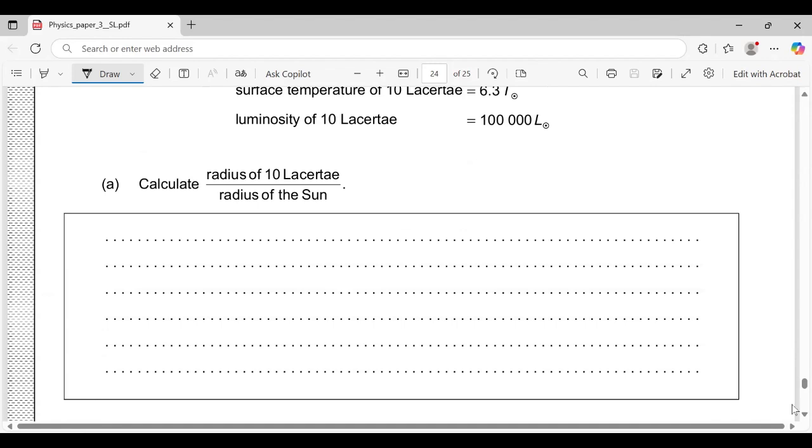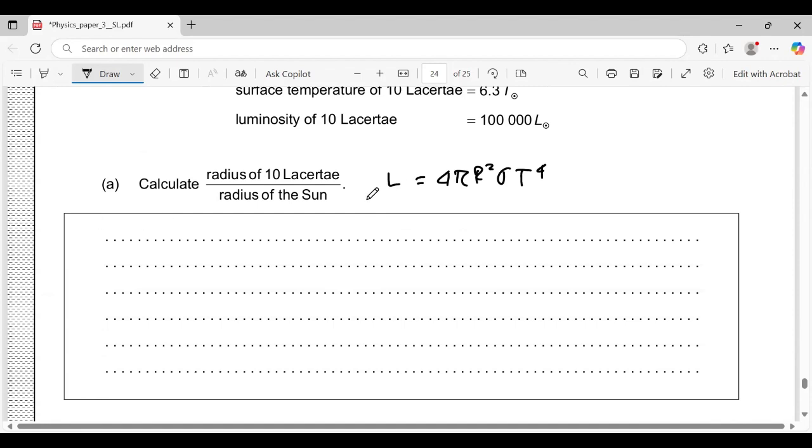I will use the Stefan-Boltzmann law. The law is, I would like to write as L equals 4 pi r squared sigma T to the power 4.